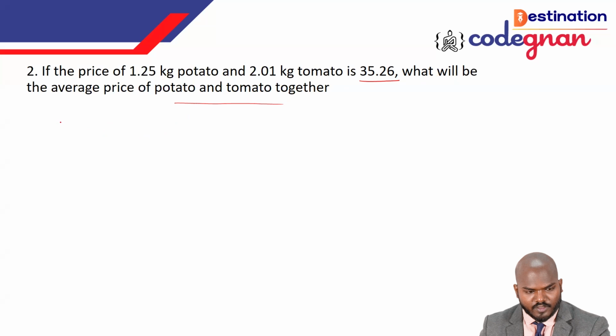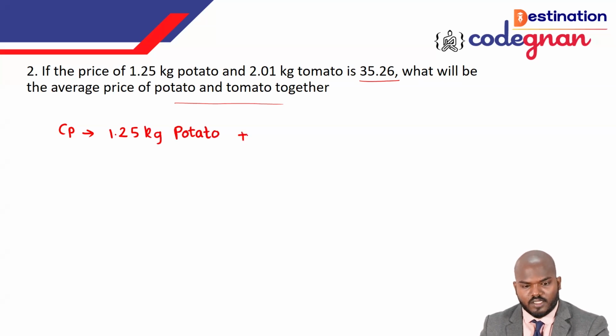So you can say that the cost price of 1.25 kg potato plus 2.01 kg of tomato is equal to 35.26.